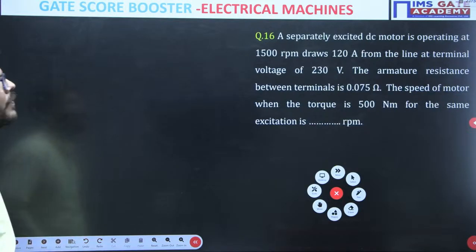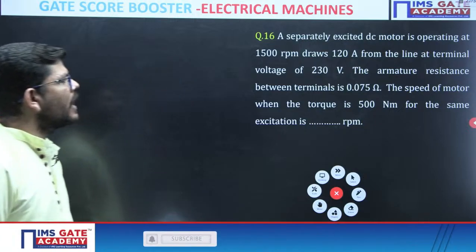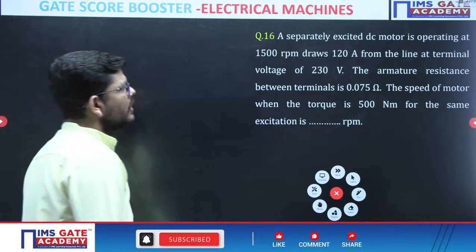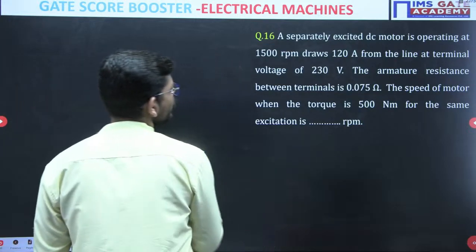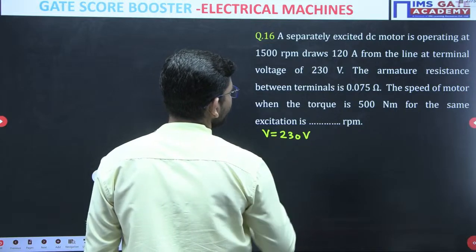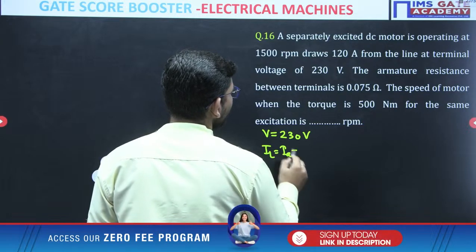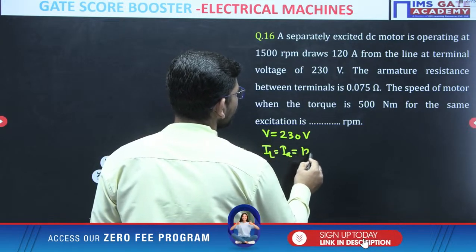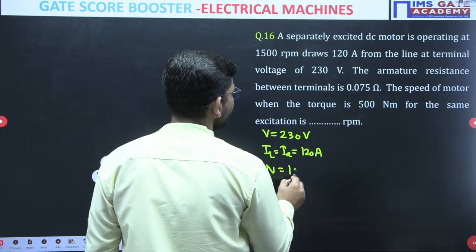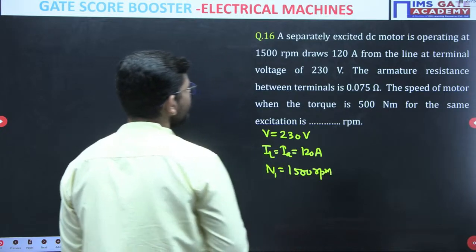Now see this one. A separately excited DC motor is operating at 1500 RPM, draws 120 ampere from the line at a terminal voltage of 230 volt. Line current will become the armature current because it is a separately excited motor, 120 ampere, and the speed is 1500 RPM, let me call this N1.